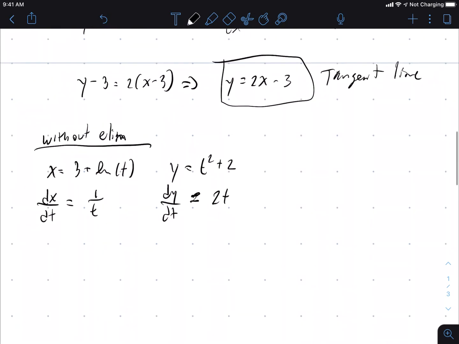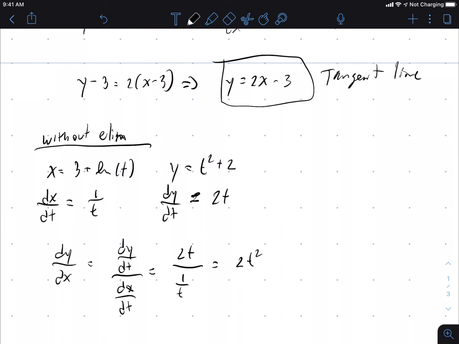Okay, now we need to remember that dy dx is equal to dy dt over dx dt. So that's going to be 2t over 1 over t, right? Which will give us 2t squared. We good? Yes.